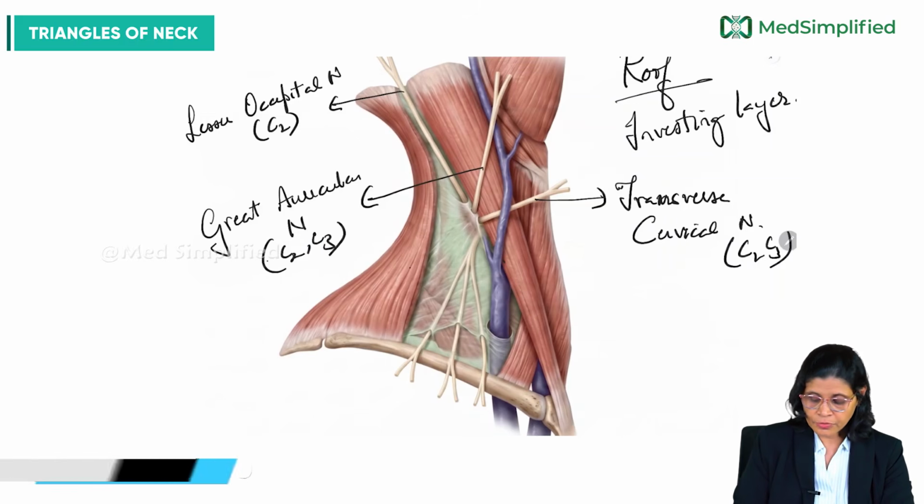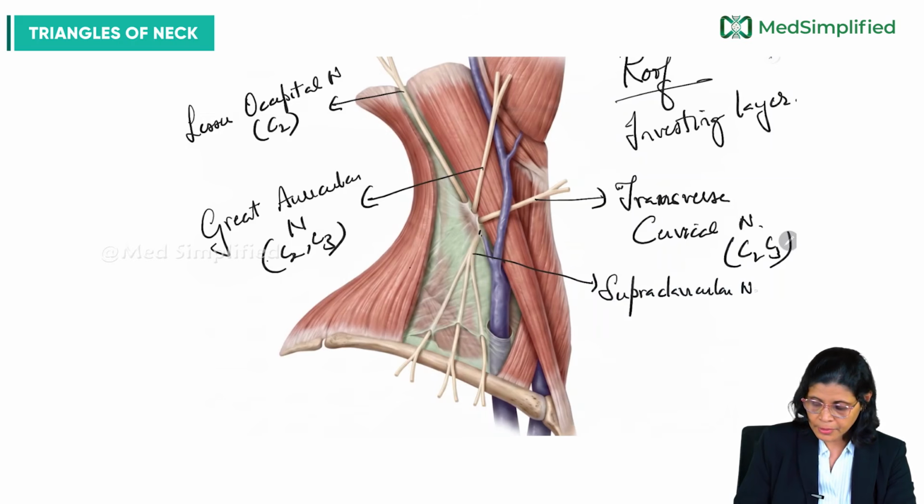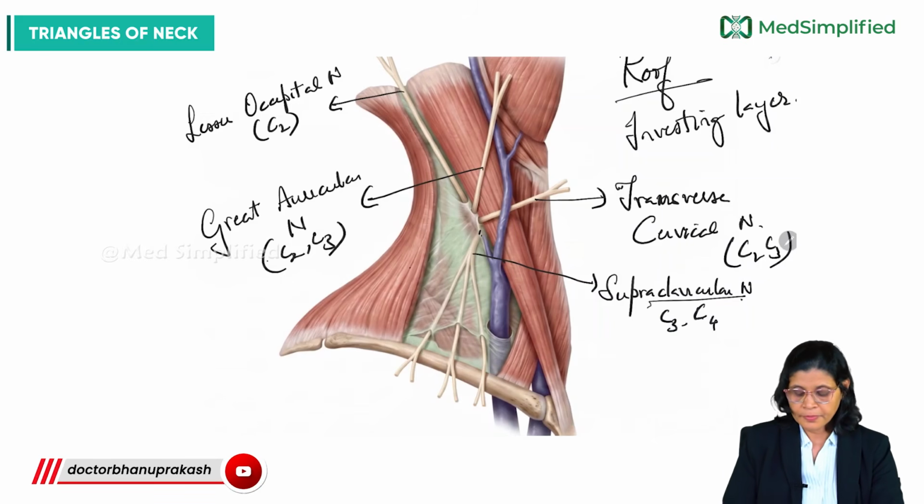So these three nerves we see here, and here we see the supraclavicular nerves, C3, C4. The supraclavicular nerves will be running downwards.